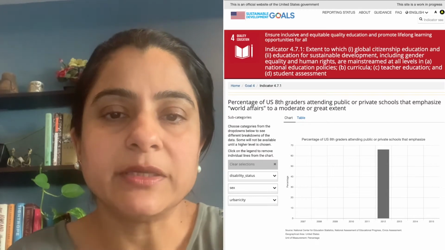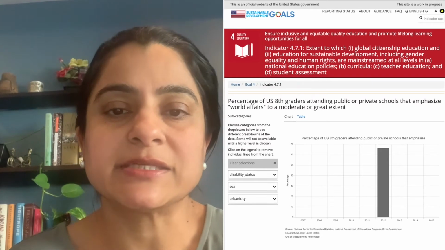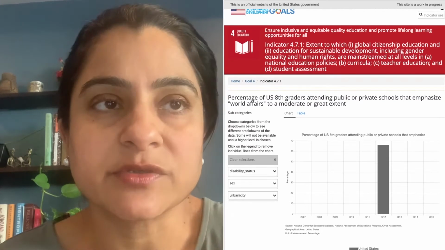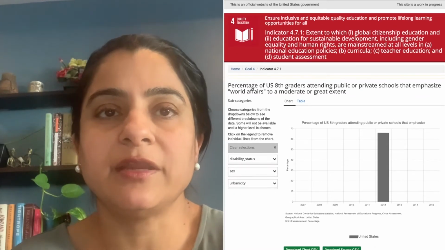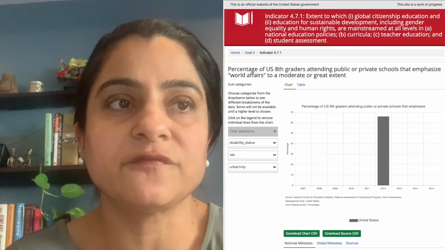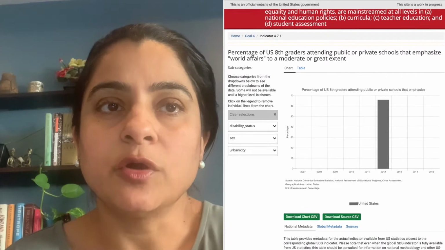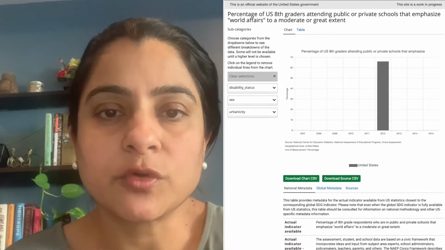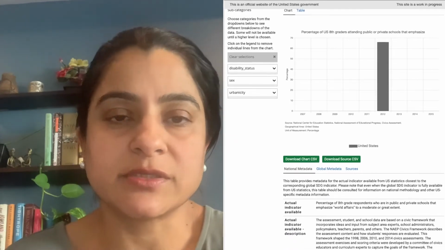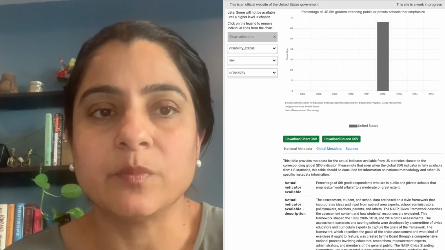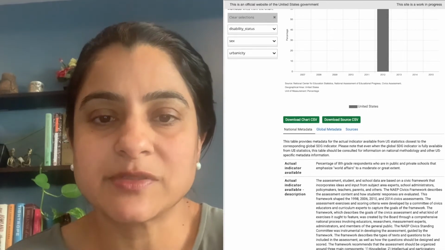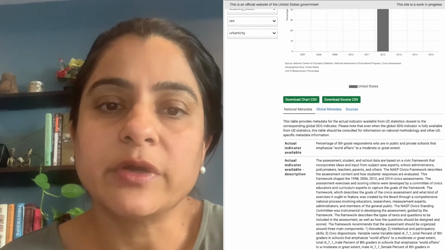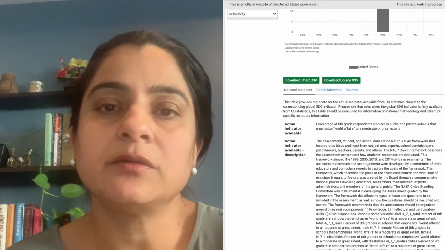For example, in the US, one of the indicators listed under target 4.7 is the percentage of US 8th graders attending public or private schools that emphasize world affairs to a moderate or a great extent. This, I would imagine, would capture global citizenship education. This is one of the examples that the US has adapted to ensure that they are measuring target 4.7.